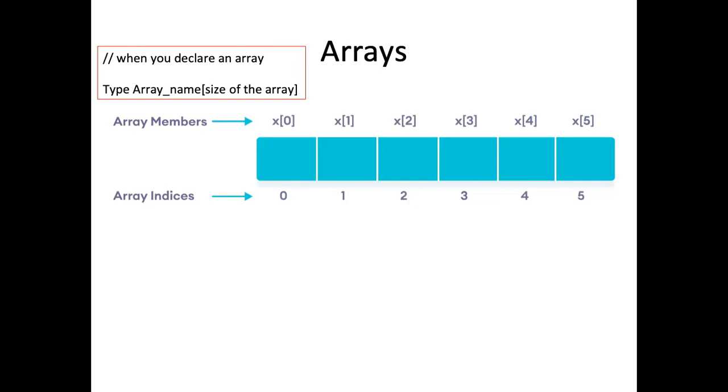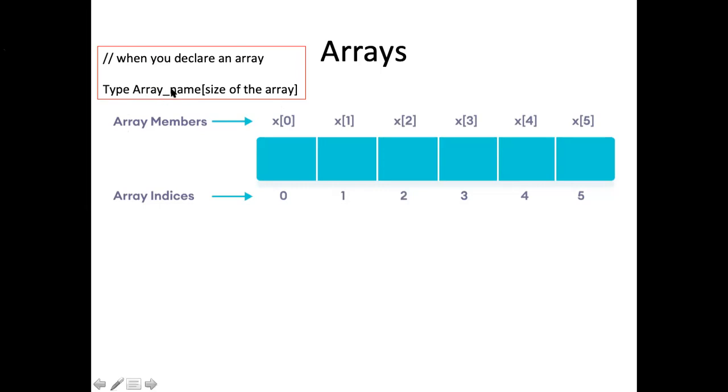And how much memory allocation would be done at a particular index depends upon the type of the array that you have defined. So here on the top left corner, you see that the syntax for declaration of an array is given. So you define the type. It could be integer, it could be float, it could be double, it could be used to store strings or characters, followed by the name of the array, and that could be anything.